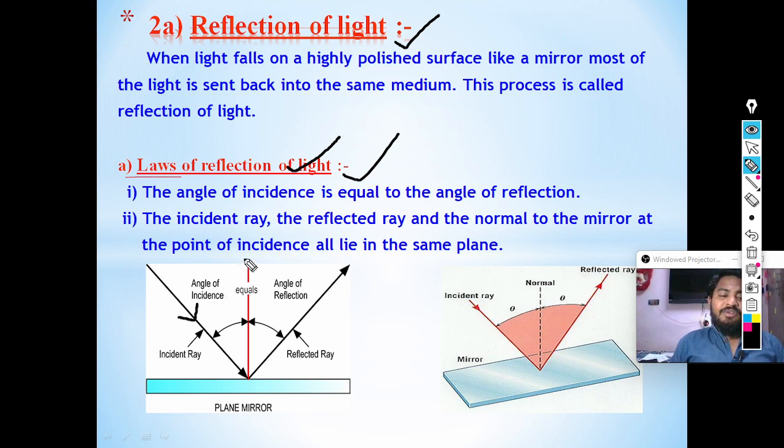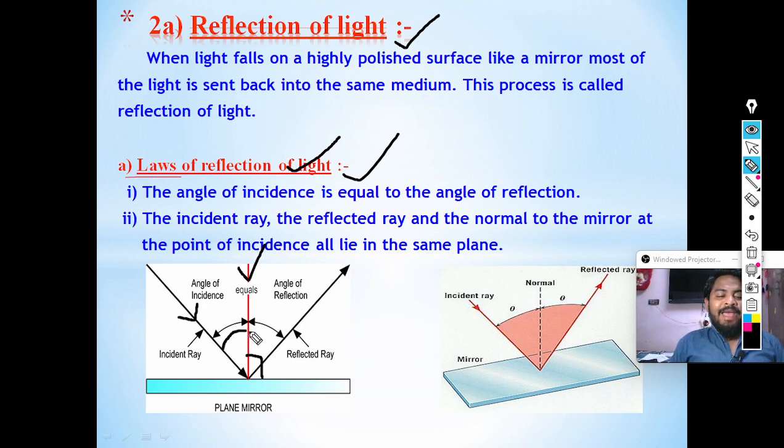So for that purpose we are using the normal. The normal is not a light ray, it is an imaginary line which is perpendicular to the surface. Clear? So when a light is incident on any surface, at that point we draw the normal, right? This normal gives us clarity on how much angle is made by an incident ray.